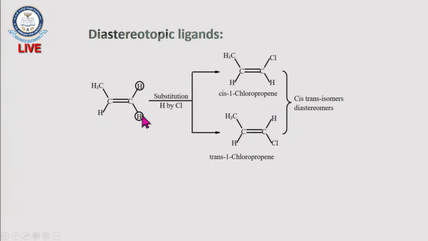When you substitute the bottom hydrogen with chlorine, you get the trans configuration. So these are not homotopic in nature. The cis and trans configurations are heterotopic, and these are diastereomers because these two are non-mirror image, non-superimposable products.